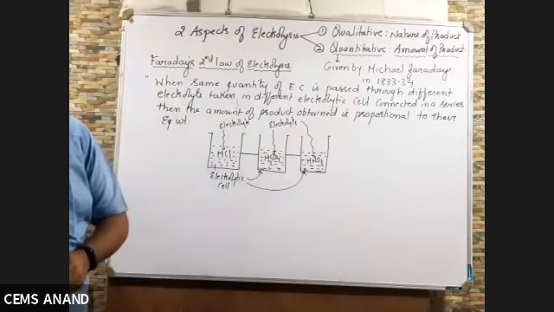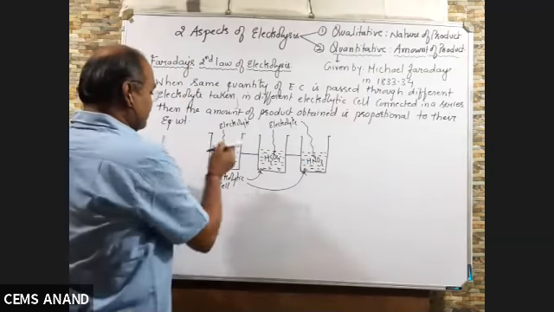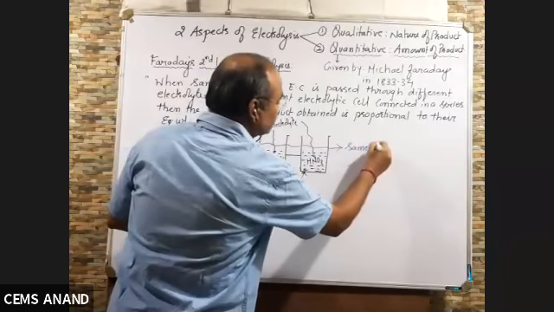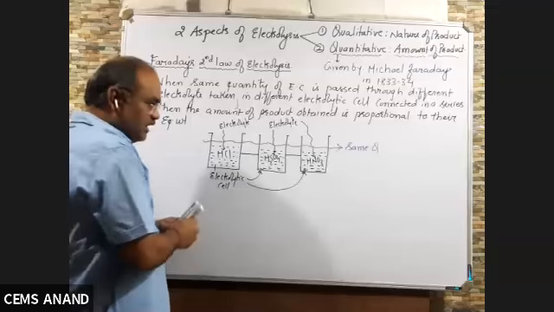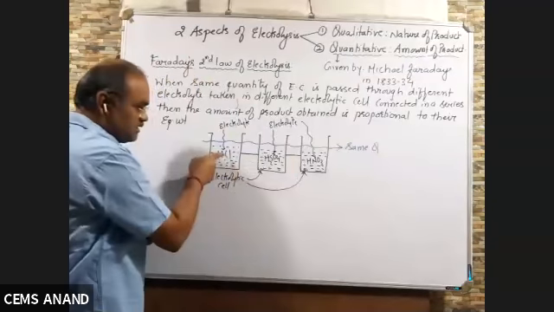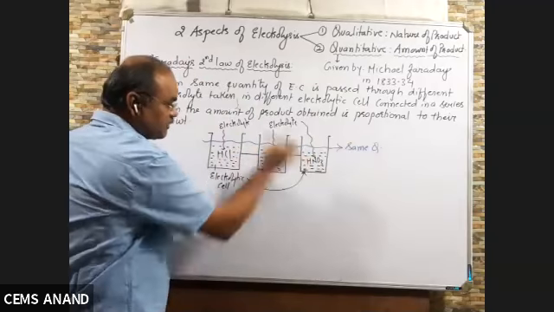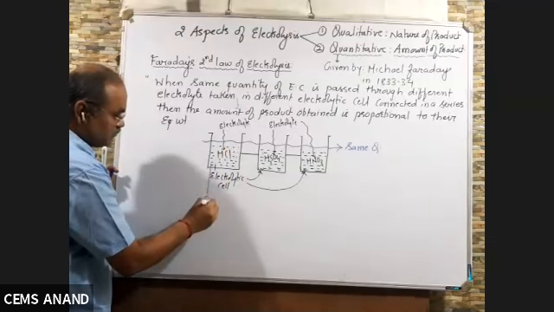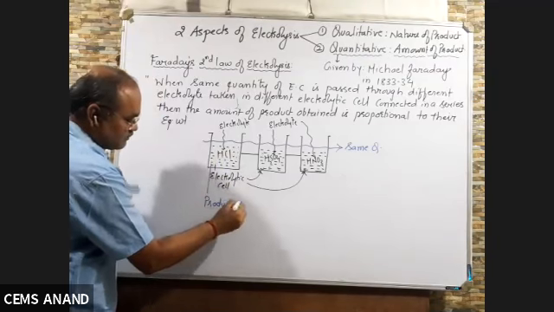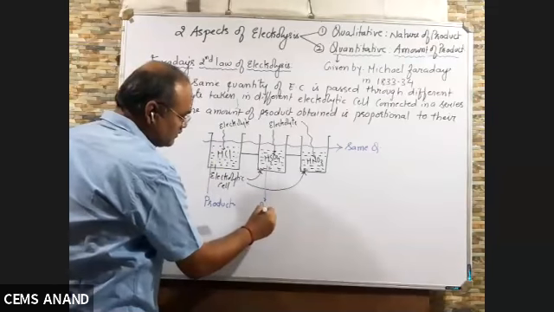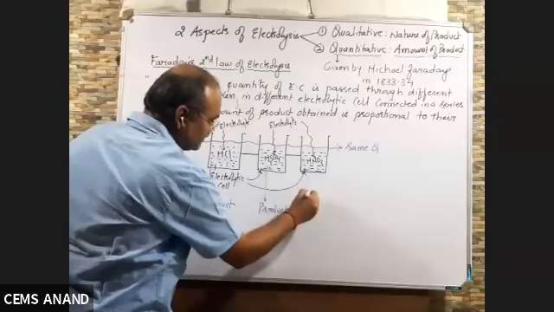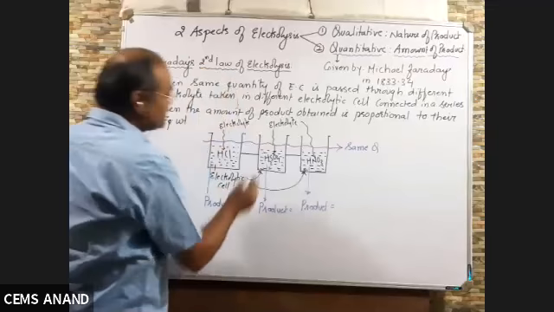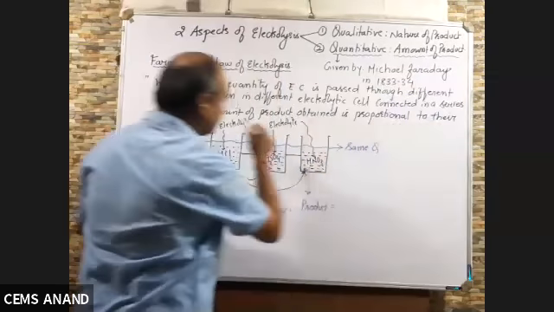Now, if I pass same quantity of current, same Q, through these different electrolytic cells containing different electrolytes, then what will be the product obtained? It is given the product obtained is proportional to their equivalent weight.